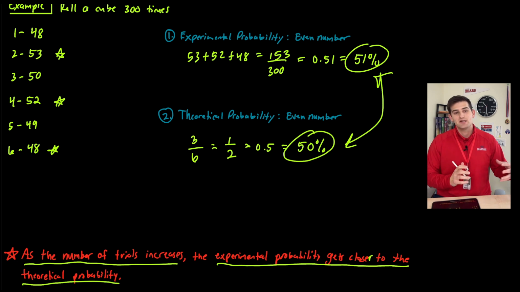So the more times we conduct this experiment, the closer that number is going to get to 50, right? If we only did it a couple times, maybe it's less than 50%, but then later on we're going to get some more results of even numbers, so it's going to even itself back out and get closer to that theoretical probability. Okay, so that's a little bit about experimental versus theoretical probability.